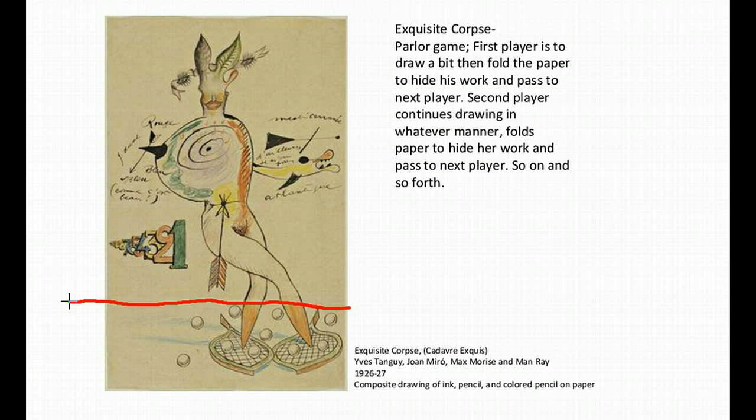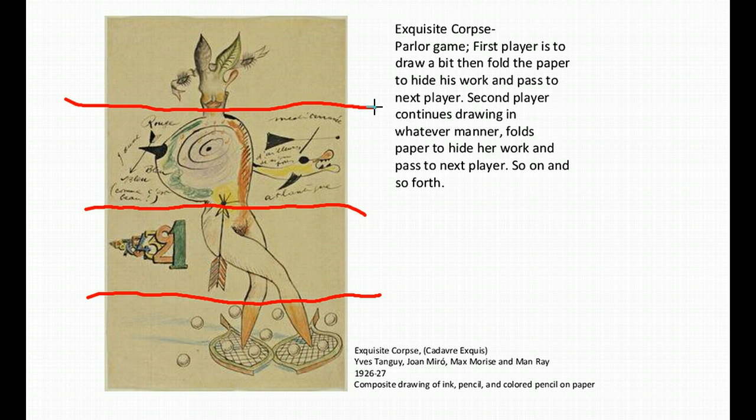They then fold it in such a way so that the next artist can see just a little bit, and so you might have just that line and that line indicated for the next person, and then the next person fills in a similarly sized portion of the page.